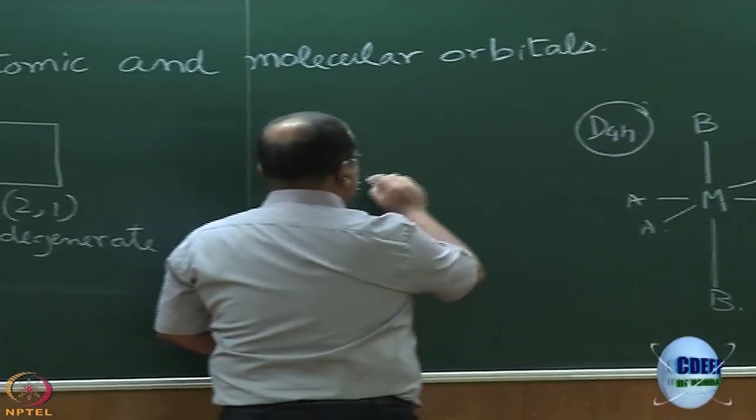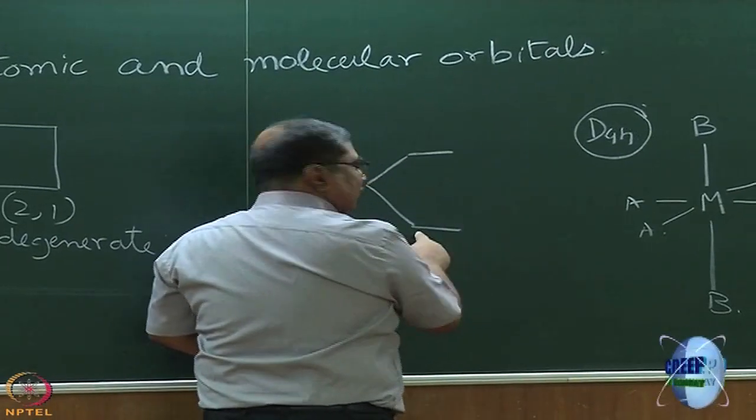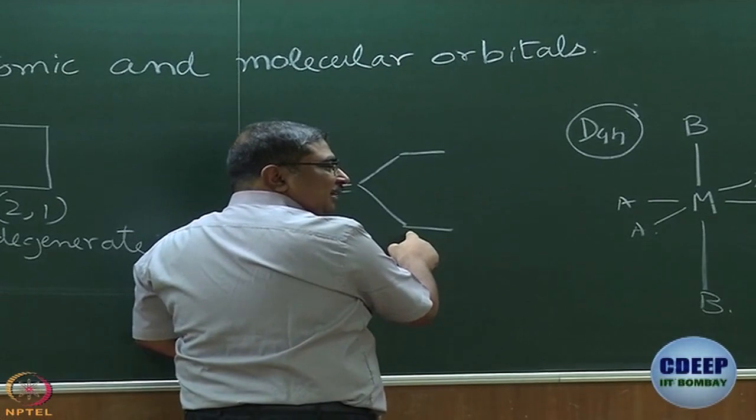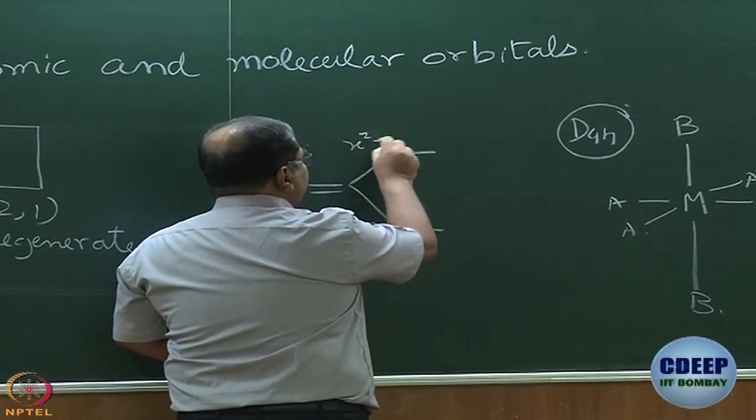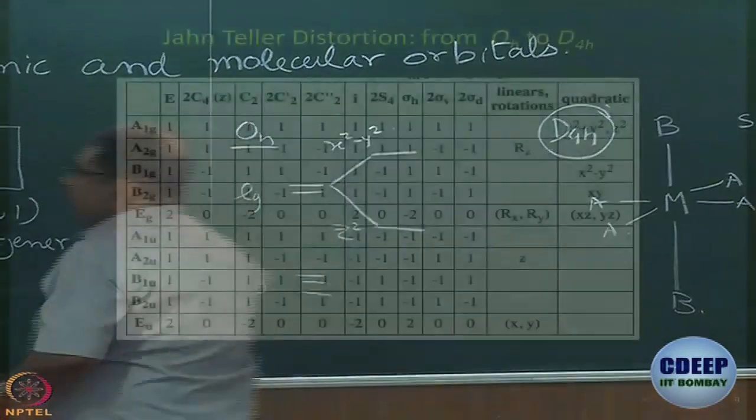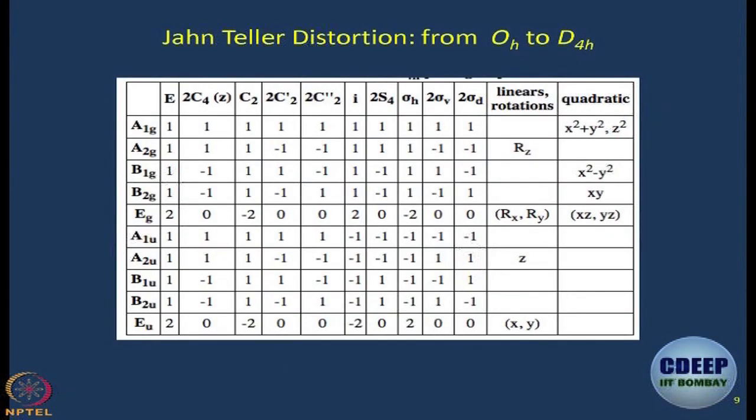So, it will be something like this. Which one is this? Z square or x square minus y square? And this is x square minus y square. What I can do is, now that I know, I can say that the lower one is A1g and the higher one is B1g orbital.